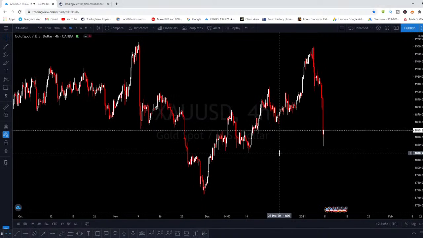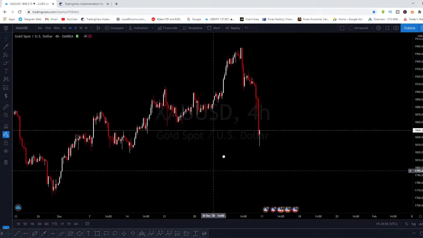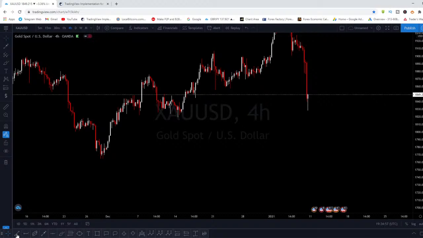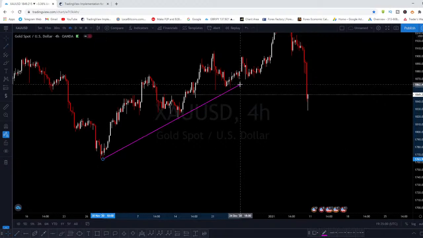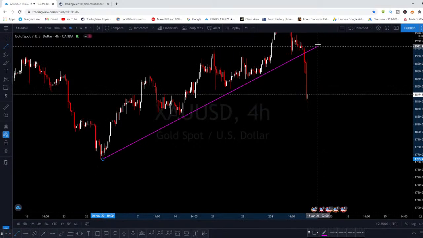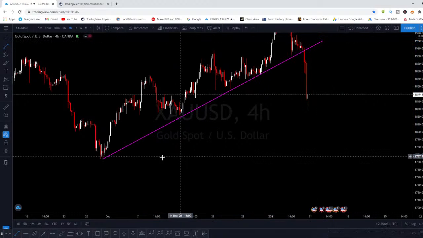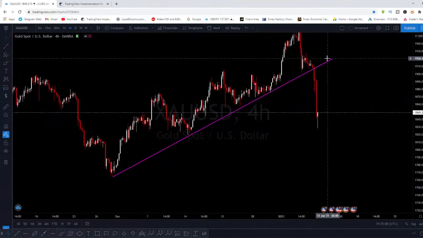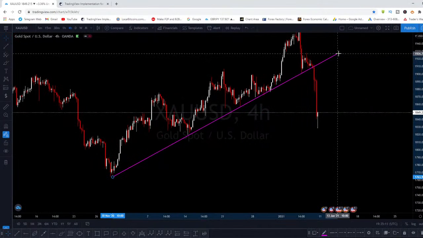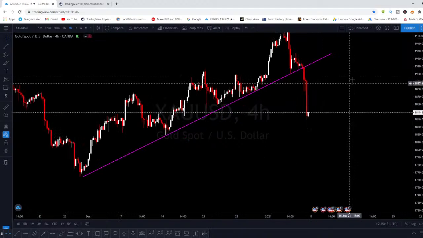I think this is not going to be a trend reversal, but according to what I'm seeing right now, if you plot something like this on this gold, which is XAUUSD, you see that the market broke out of this trend line, right?